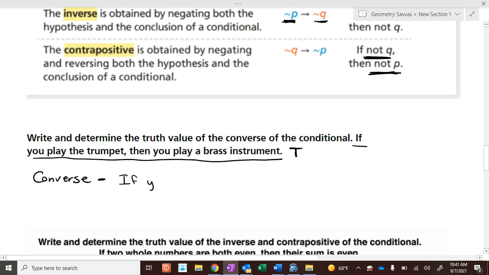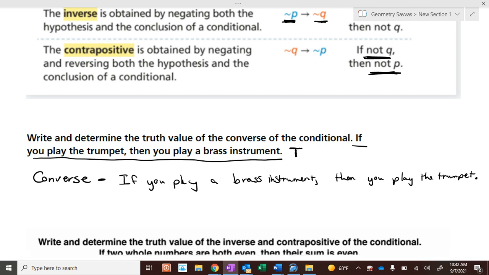If you play a brass instrument, then you play the trumpet. That is the converse, because we switched the hypothesis and conclusion around.